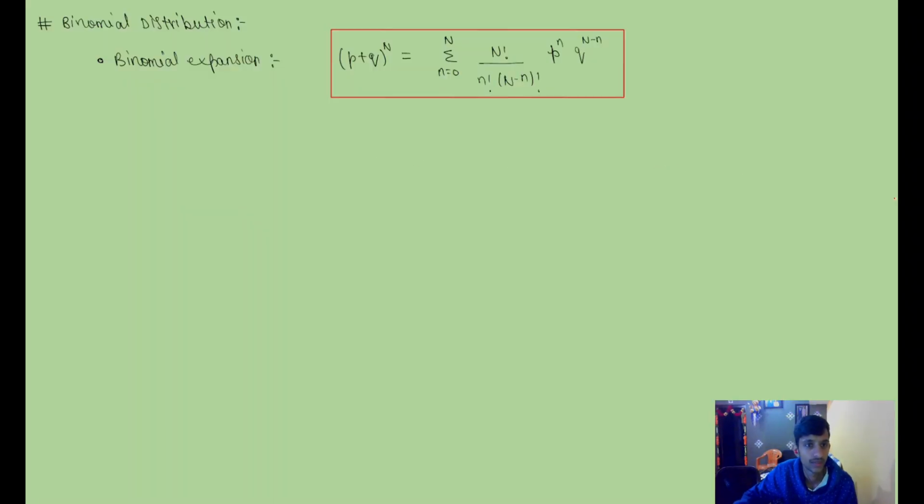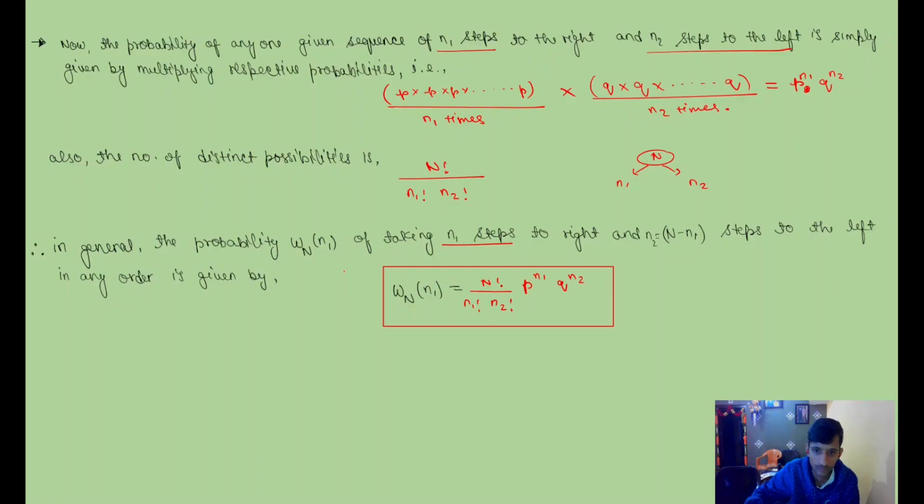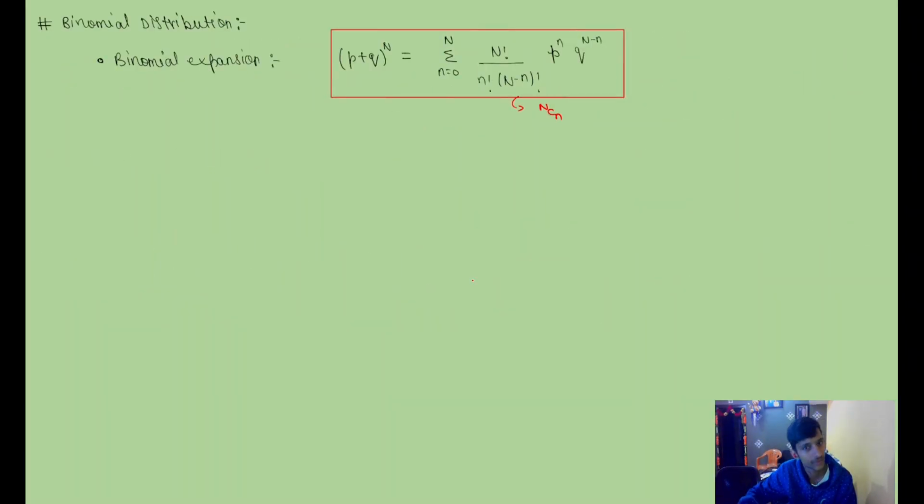As you know, what is the binomial expansion formula? For any two values, p plus q raised to power N, you must be knowing this binomial expansion formula. So basically this is nothing but the sum of NCn and p raised to power n, q raised to power N minus n. This is all you know. Now if you see our previous probability function, if I put here n2 equal to capital N minus n1, this will also become like a binomial expansion formula.